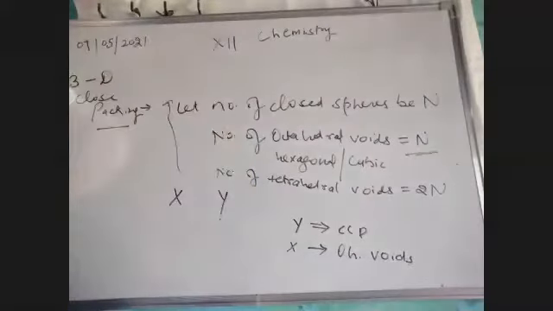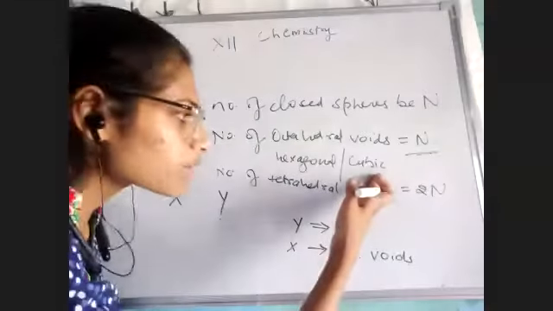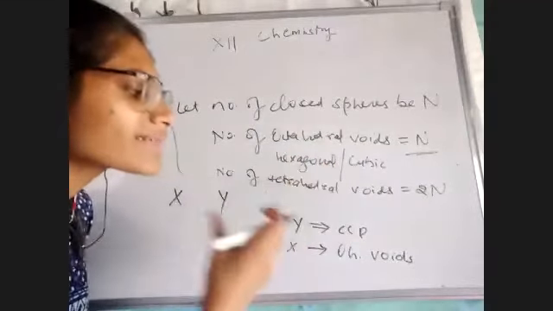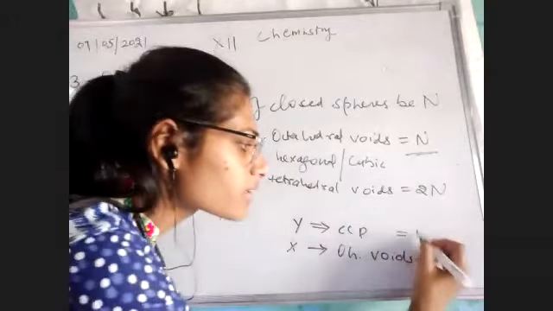Now we know very well that the number of octahedral voids is also equal to n, in cubic close packing as well as hexagonal close packing. So this is n.